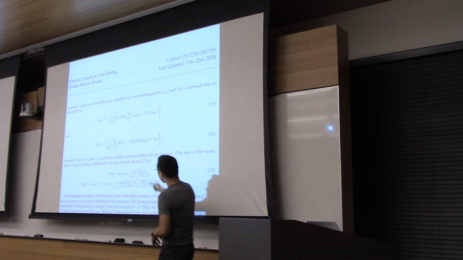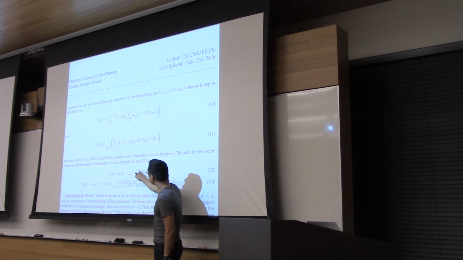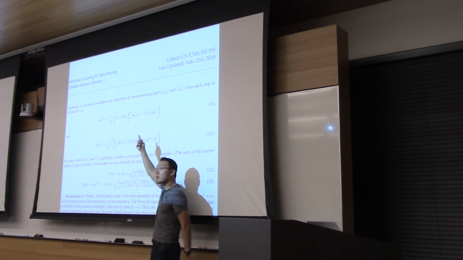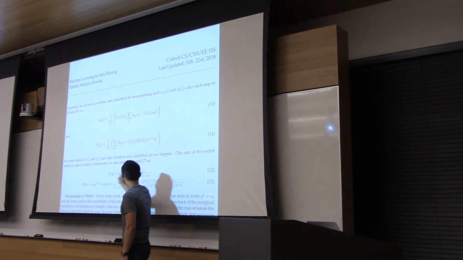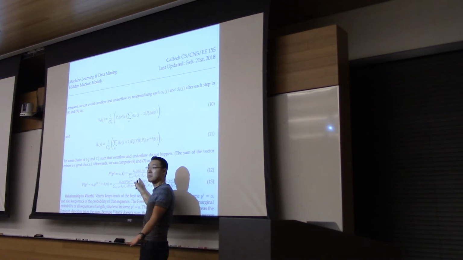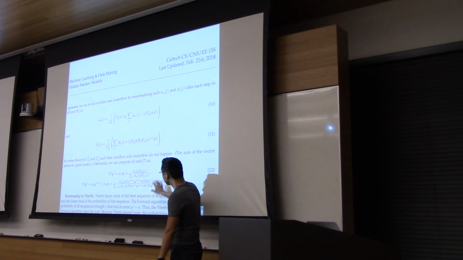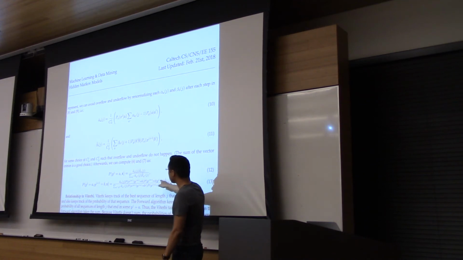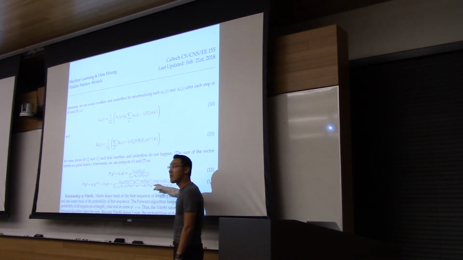For example, if I compute this quantity, the numerator is multiplied, compared to the original formula, by C sub alpha j and C sub beta j. The denominator is the same, so it cancels out. If you look at this one, the numerator is multiplied by C sub alpha j plus 1 and C sub beta j plus 1. The denominator is multiplied by the exact same set of terms, so it cancels out.